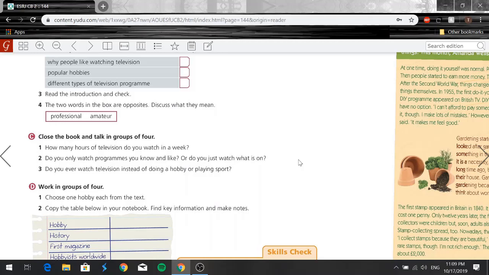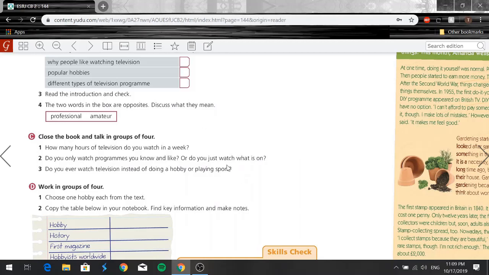So, 2, do you only watch programs you know and like, or do you just watch what is on? Well, with TVs, I'll definitely say that when I used to watch, I only watched the things that I like. Although I do know a lot of people that just open and watch it for whatever.